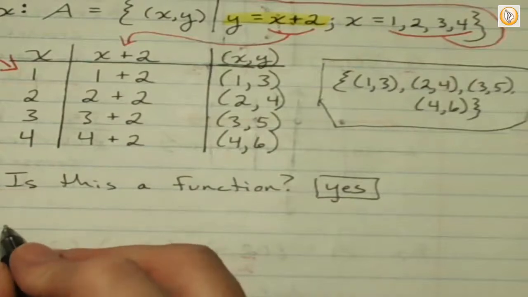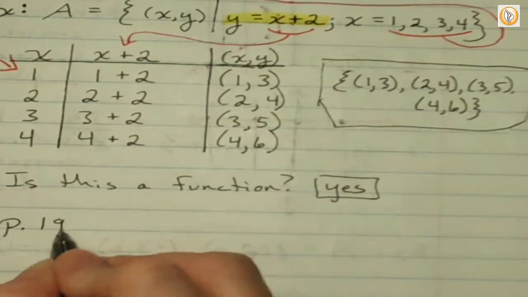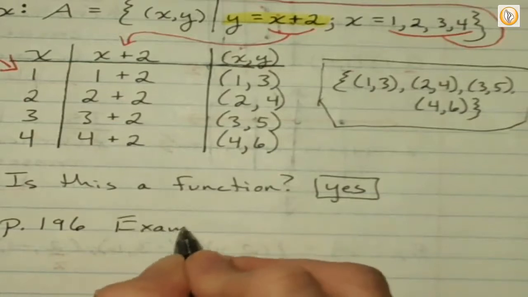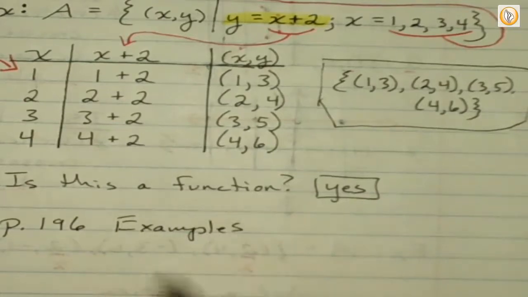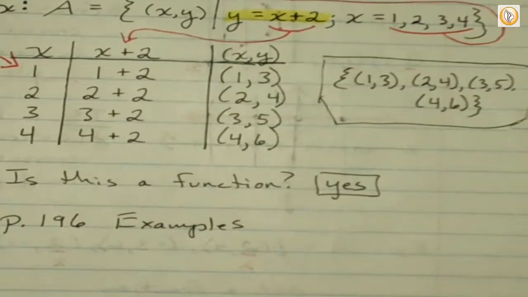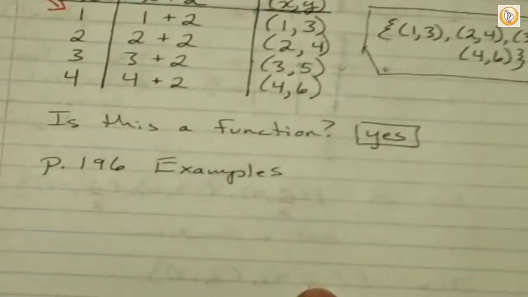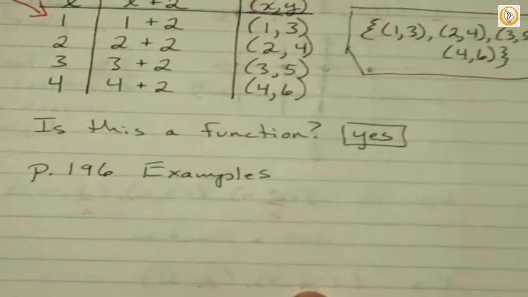All right, once you have all that written down nice and neat, turn to page 196. We're going to get started with some examples. Does everyone have this written down?